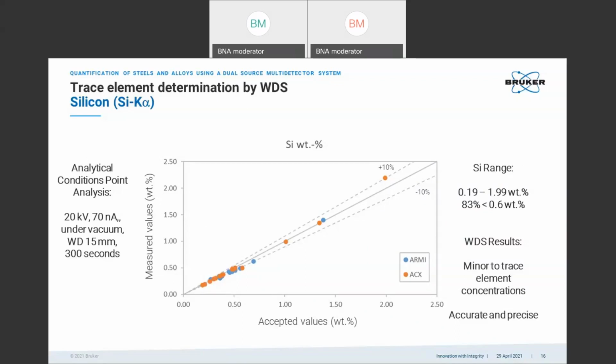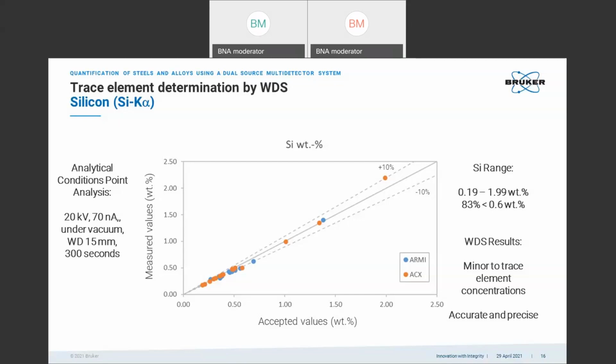Most of the compositions, so more than 80%, are clearly on the lower end, below 0.6 weight%, but the range is large. We see here a nice correlation between the measured values and the accepted values, so it's well on the one-to-one line, or just not going further than about 10% deviation from this one-to-one line. So the analysis is accurate and precise with WDS.